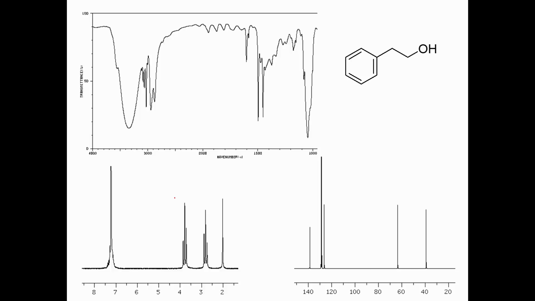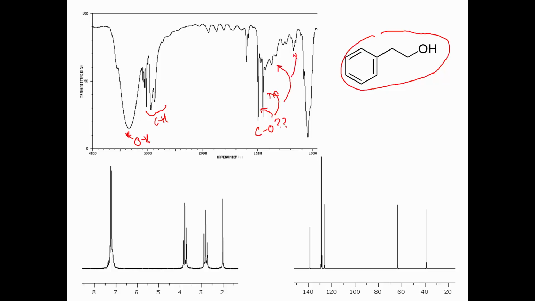So this is phenethyl alcohol right here. Here's its infrared spectrum. Okay, distinctive features that you see are this, which is the OH. These are our CHs. Notice that we probably expect a carbon-oxygen stretch, but where? Is it there? There?